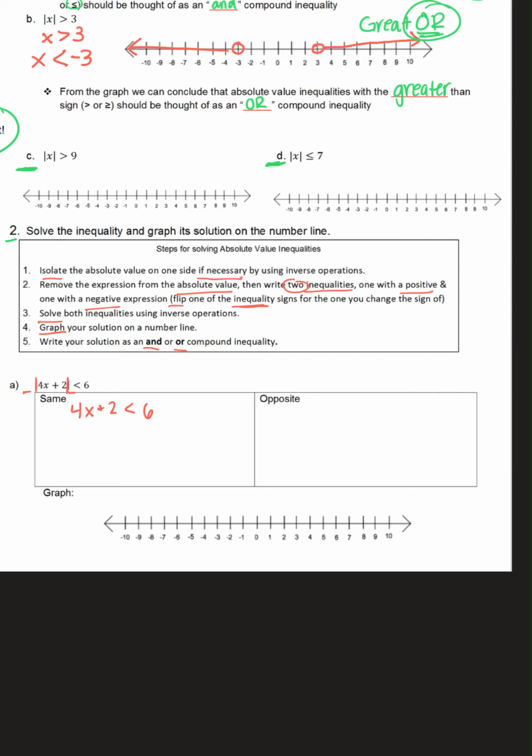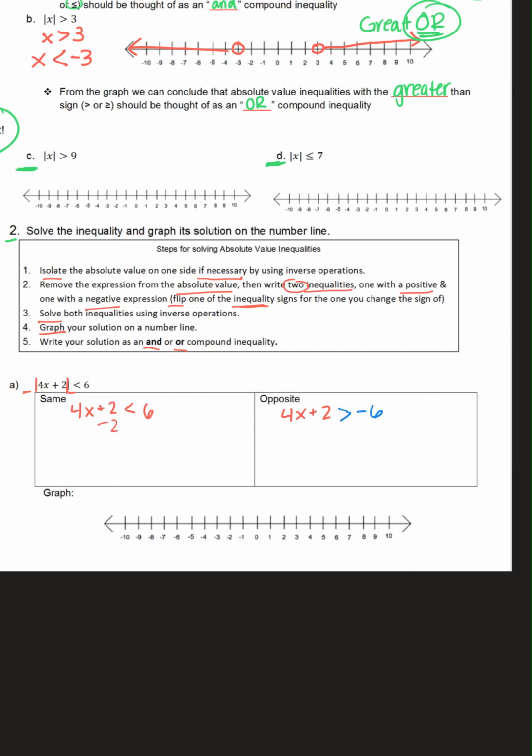Now the opposite would still be the 4x plus the 2, but now instead of my less than sign, it's going to be greater than. And instead of positive 6, it's going to be negative 6. That's the only difference. Okay, now we're going to solve both of these. So I'm going to do the same side first on the left.